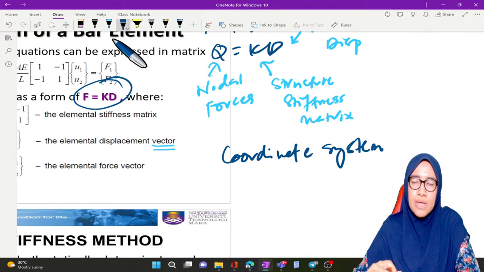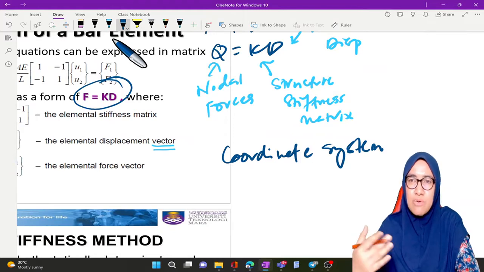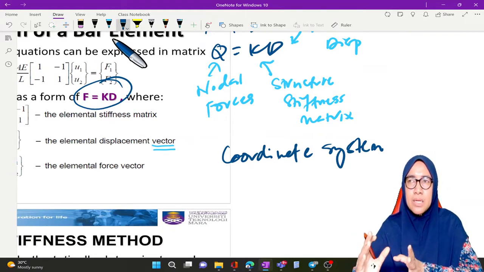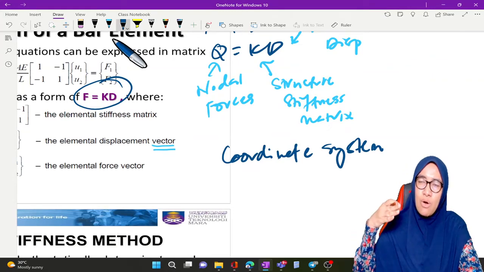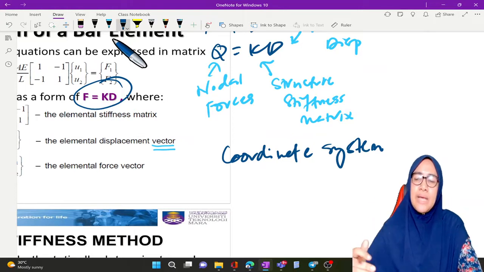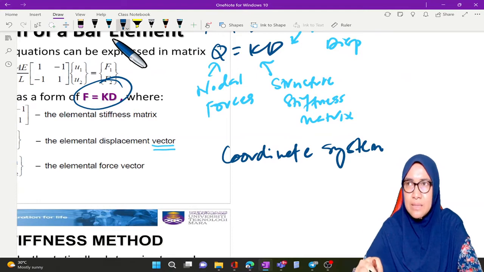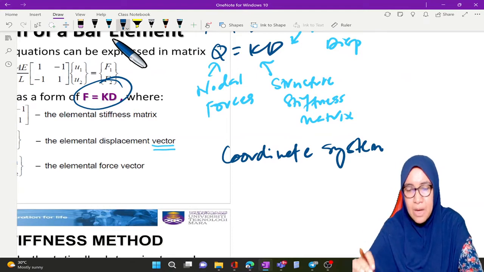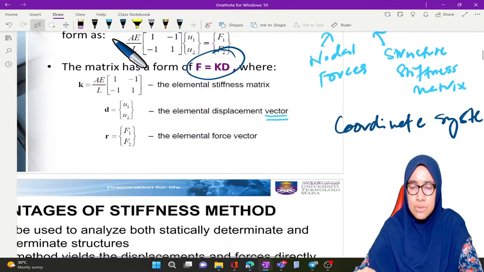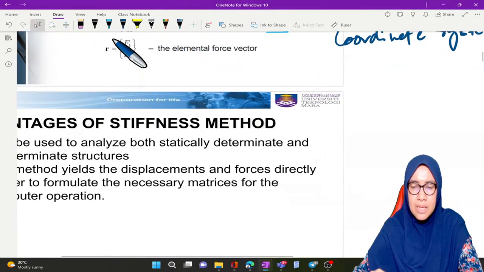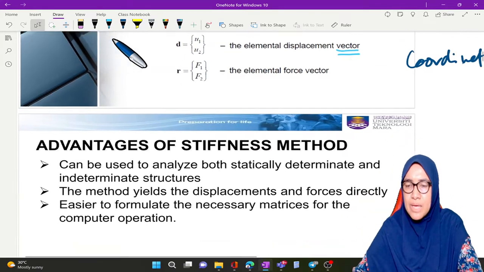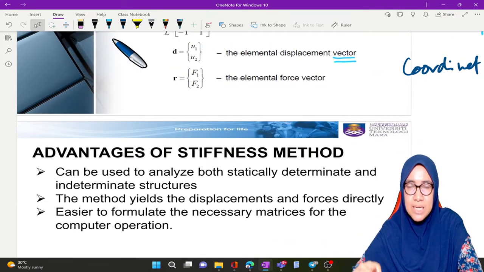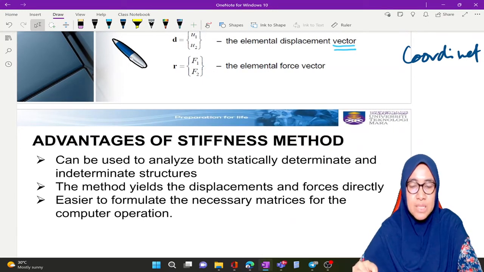Whenever we want to build a model using software, of course we have to set the coordinates, where the origin is, where 0, 0 is. So bar element only has 2 degrees of freedom. We will move straight away after this to truss analysis, following the main reference, the textbook.